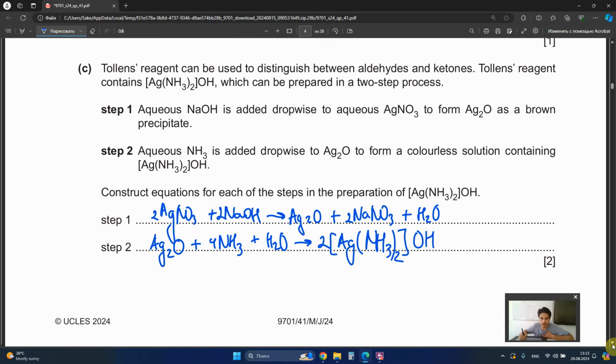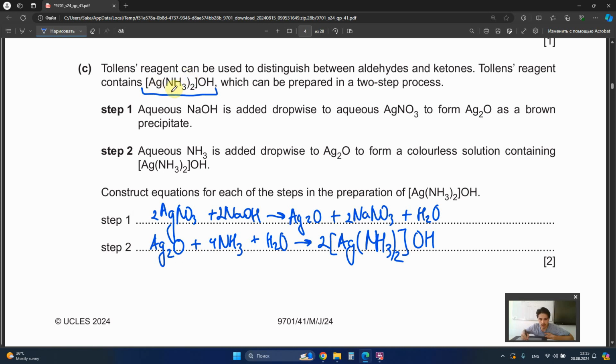Next question is related to chemical properties of complexes, especially this is shown to explain how a complex compound is produced. So there are two reactions given and you have to show the equations for each step. This Tollens reagent is just a complex compound of silver.